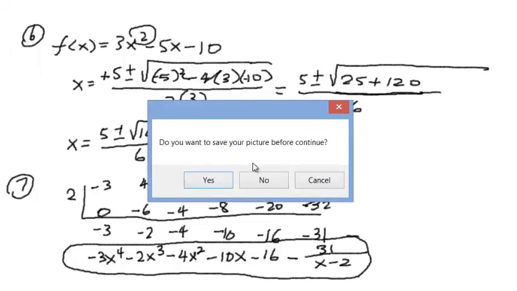Number 8. We'll find f of 3 using the remainder theorem. We can actually just plug in the 3 or use synthetic division, right?